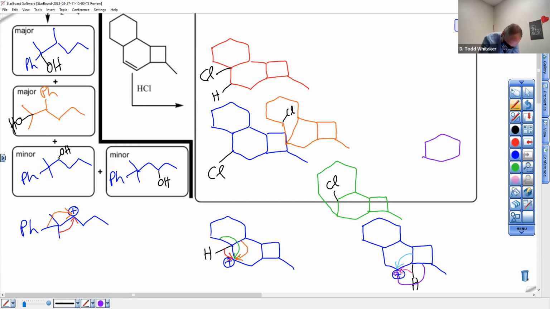6, 6, stayed, moved next door to there, and left a cation there. Don't put the cation, what goes there instead?